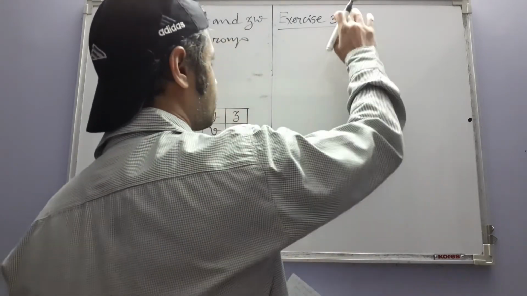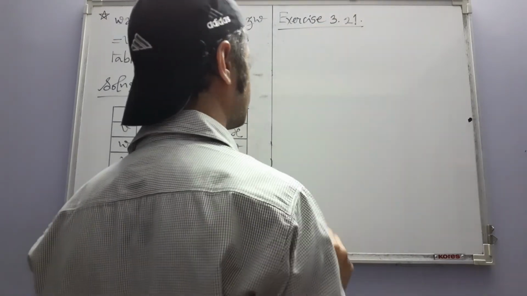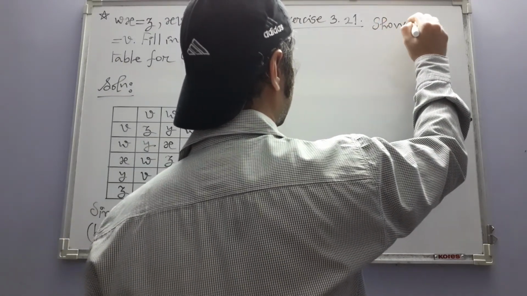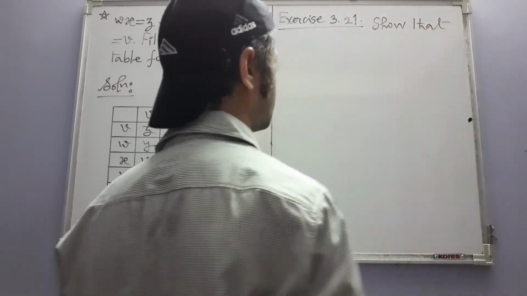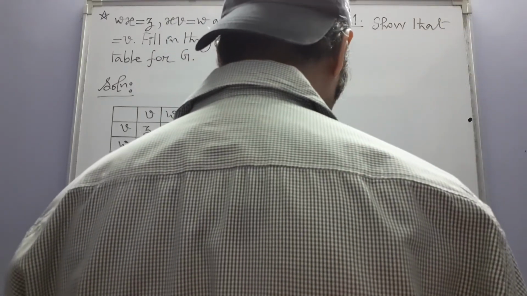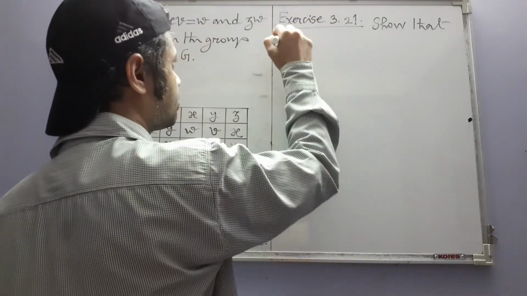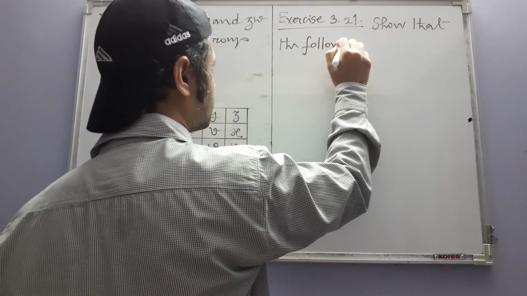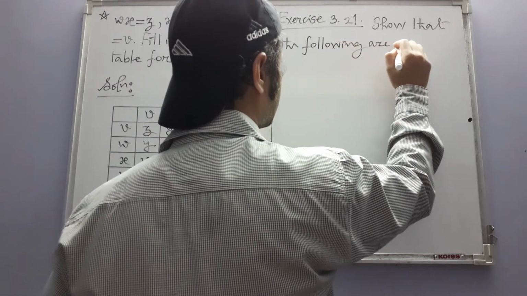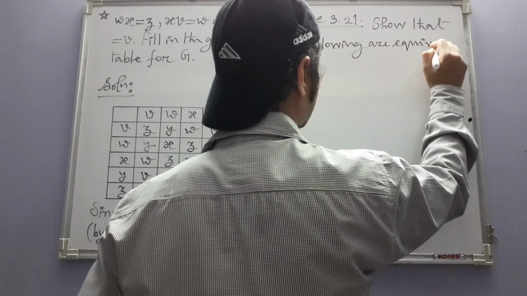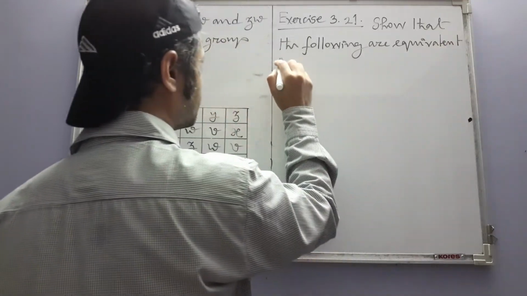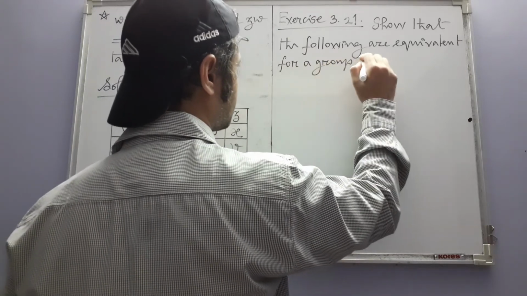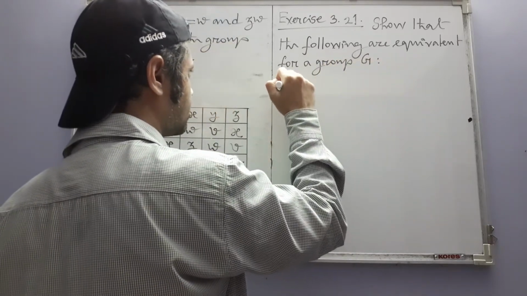Next. Show that the following are equivalent for a group G. Two statements are given.